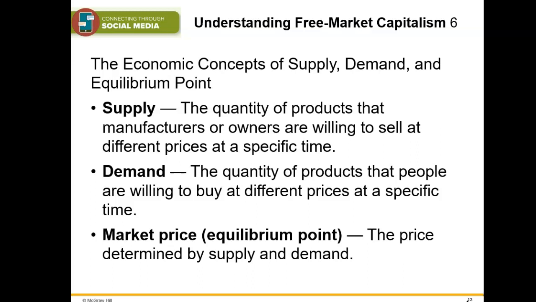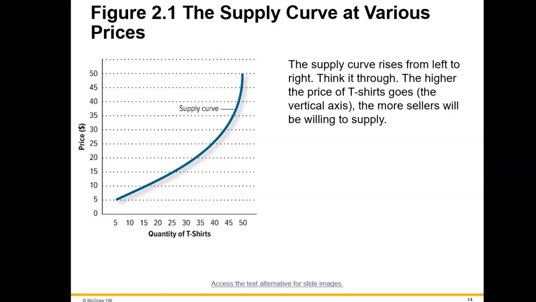When those two come together, when supply meets demand, that's known as the equilibrium point. And we have graphs that will show these different concepts: supply, demand, and the equilibrium price, which is known as your equilibrium point, which is known as your market price.